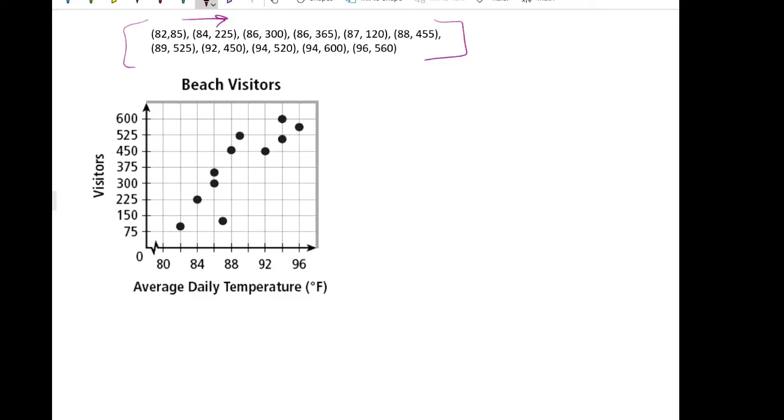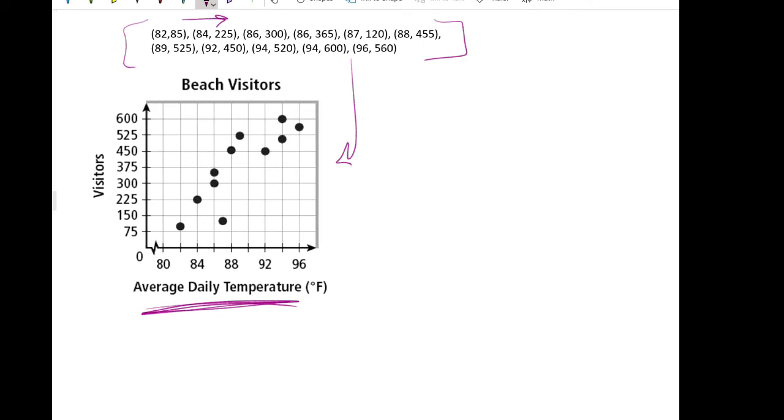So as you can see, I plotted all of these on this graph. And this is the amount of visitors to a beach and the average daily temperature. So your X value here is the daily temperature, and your Y is the number of visitors that visited the beach on that day. Okay, so I've plotted all of those, and I want you to do the same in your homework.